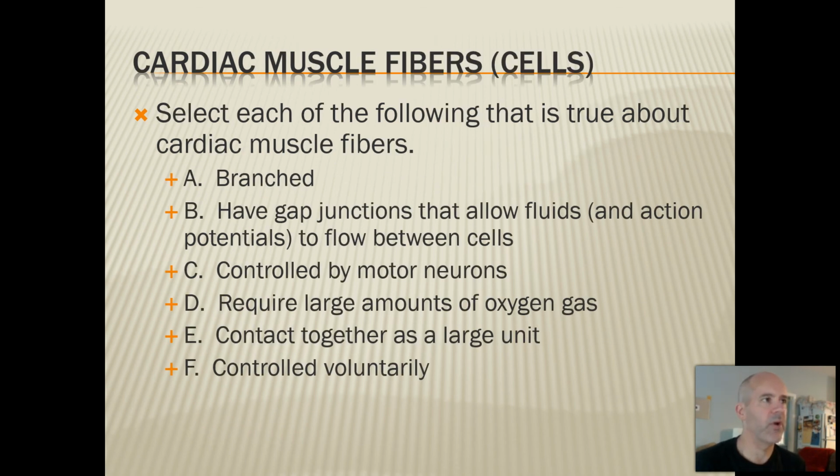All right, a question about the cardiac muscle fibers or cells themselves. Select each of the following that is true about cardiac muscle fibers. So go back and review some of those basic characteristics that we learned about them. Are they branched? Do they have branches? Yes, they do. So there are branches connecting one fiber to another. Do they have gap junctions that allow fluids and action potentials to flow between the cells?